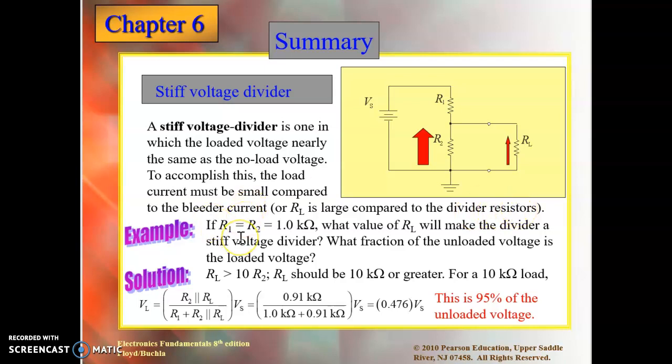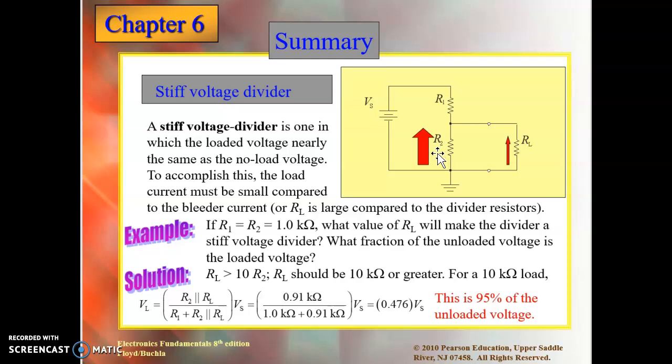Yes, so something acceptable here. This is what they're telling us, that when you design, you have to make sure that your RL is at least 10 times greater than your R output, in this case your R2. So the RL has to be 10 times greater than R2 for you to successfully avoid the loading effect. This is very important.